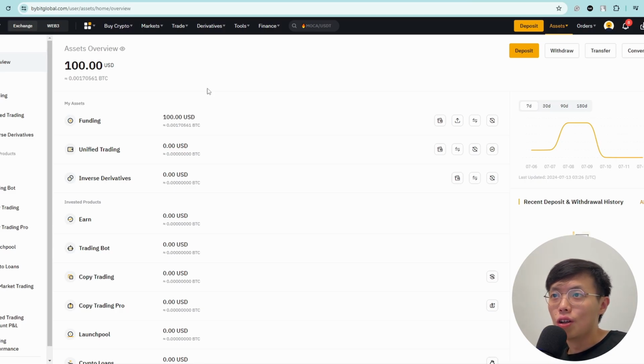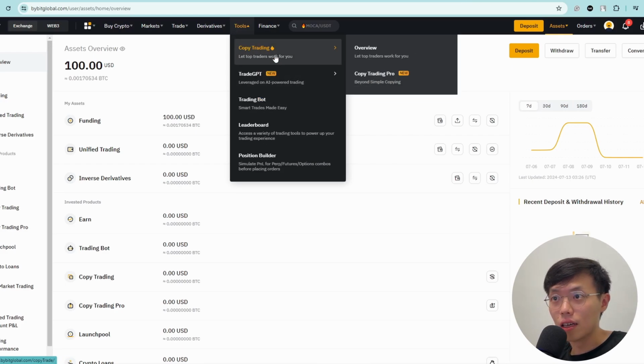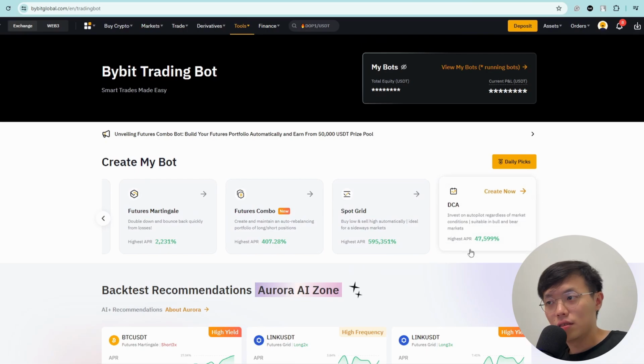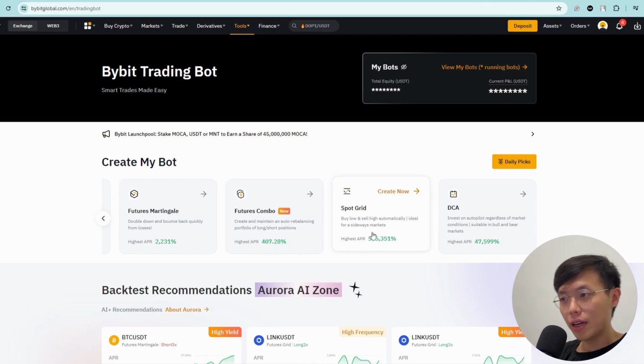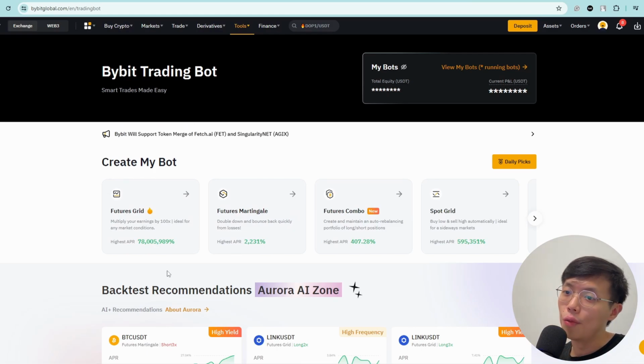It depends on whether you want to use DCA, where you average down the cost, or the spot grid, where you buy low and sell high automatically, or the futures grid, where you can buy and sell while the market is consolidating, or have it automatically buy for you. This is how you do it.